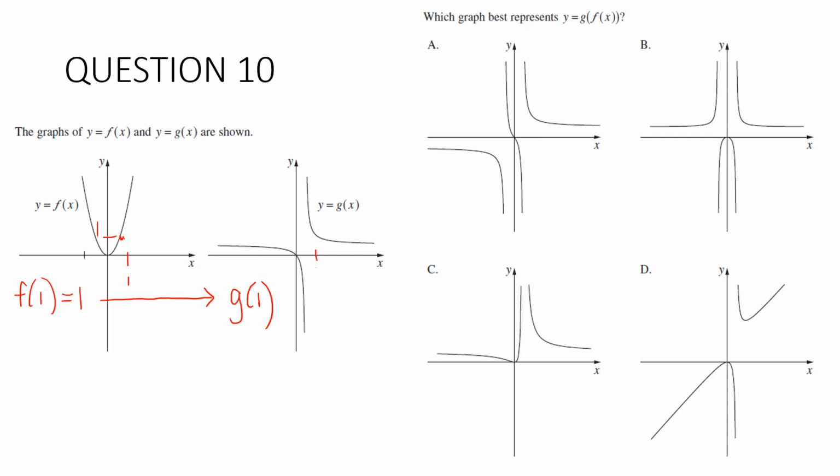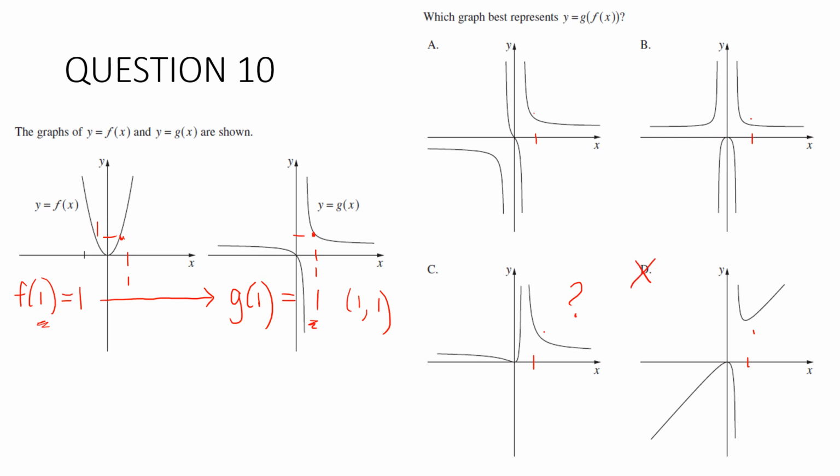Looking at the graph, it's probably 1 as well. And so we're looking for the point x is equal to 1 and y is equal to 1. Now let's look over here. 1, 1, that's a possibility. 1, 1, yep. 1, probably not. And here, definitely not, so D is out.